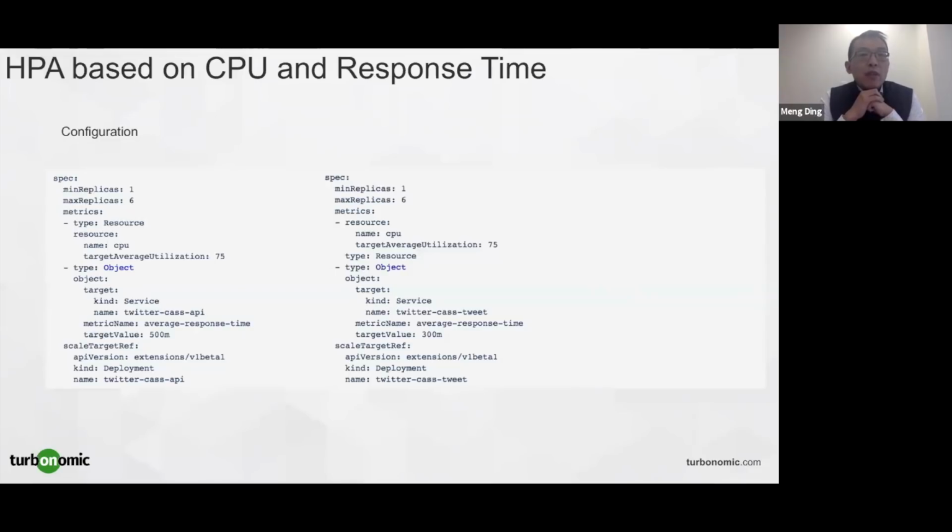The number of max replicas we specify is based on the CPU-based HPA result, and we know through the previous experiment that when the whole system stabilizes, the max number of treated API replicas is around 4 to 6. So that's why we specify the max number of 6 here.